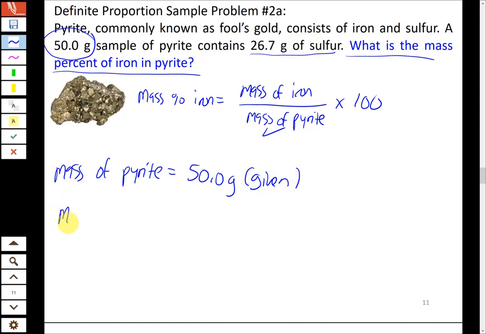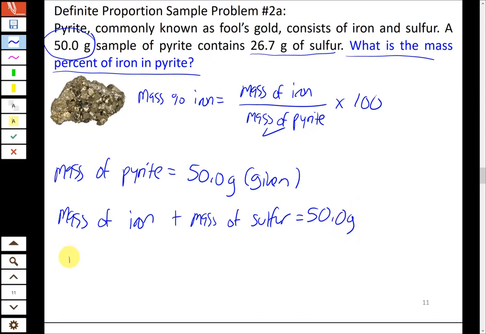But we can recognize that in a compound, because of conservation of mass, the sum of the 2 masses of the elements has to equal the mass of the compound. So the mass of iron plus the mass of sulfur has to equal that 50 grams, because that's the total amount of compound that we have.